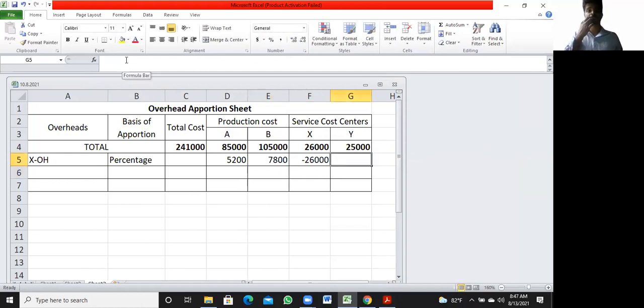Then 50% for Y, 26,000 into 50%. This is the one. Now we are having Y.